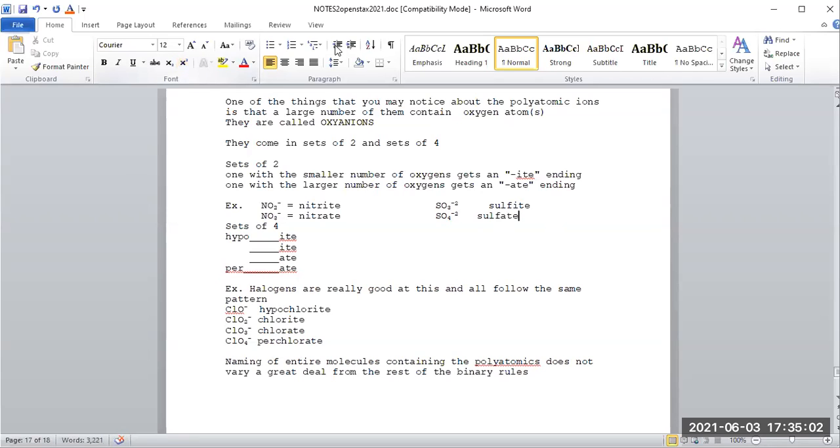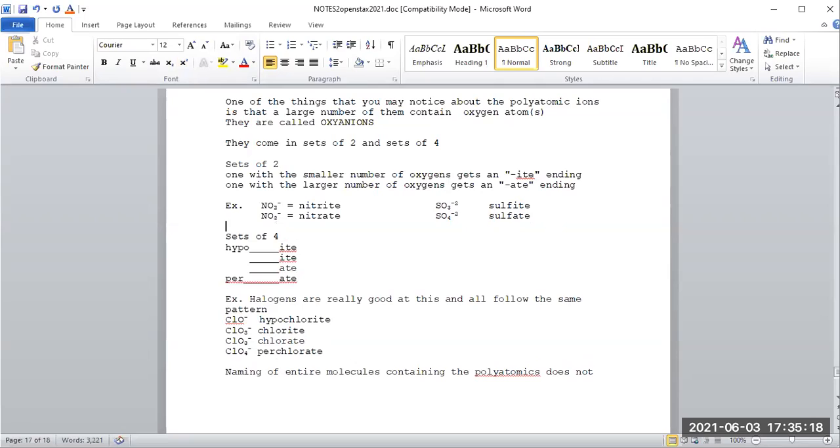All right, so look at these pairs. NO2 is nitrate, NO3 is, and actually I said that backwards. NO2 is nitrite, NO3 is nitrate. SO3 is sulfite and SO4 is sulfate. This is one of the reasons why I usually state pretty blanketly, the rules don't actually help, because people are tempted to say, oh, 2 oxygens makes an ITE and 3 oxygens makes an ATE.